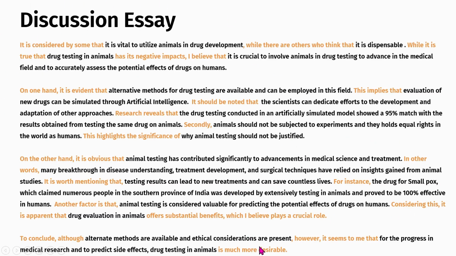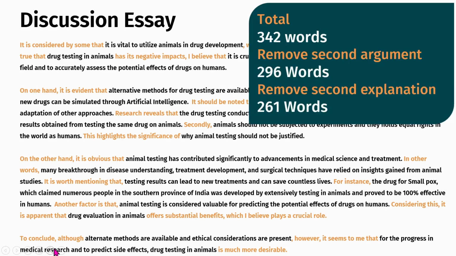So this is your complete essay after writing your introduction, your body paragraph 1, which is the opposing view. This is the third paragraph, which is your supporting view, and the last one, the one sentence, is your conclusion. If you see here, this essay has a total of 342 words, but I told you that a few things are optional, so I'm just removing the second argument, which is absolutely optional.